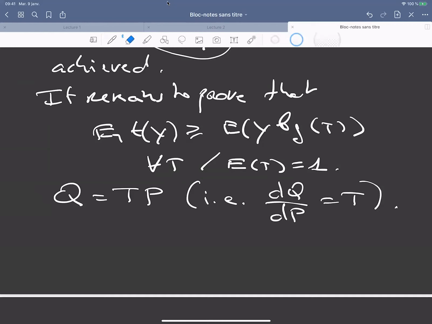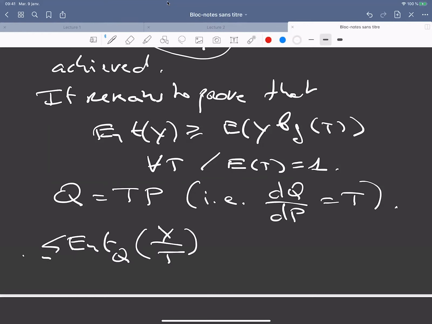And we compute the entropy of the variable y over t under this new distribution. So of course it is non-negative, and it is equal to the expectation under p of y log of y over t.